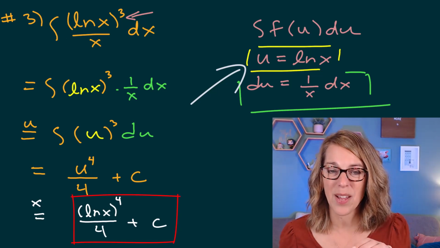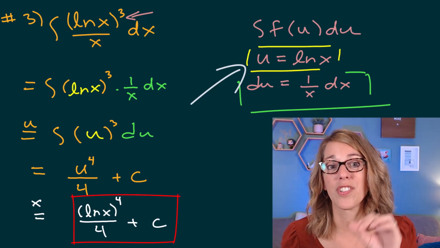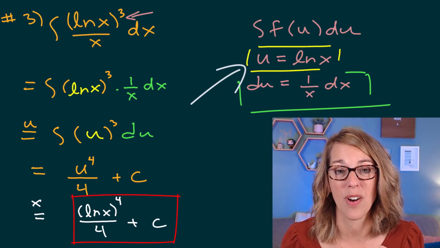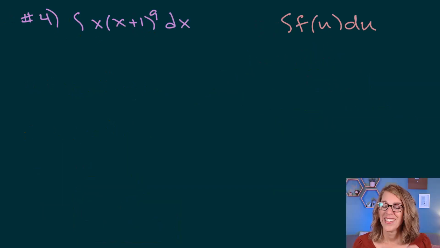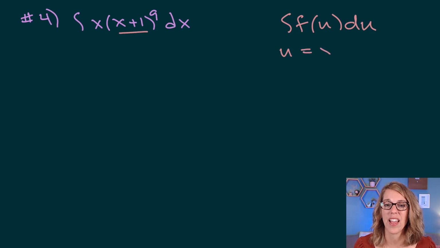In this last example, the u substitution is going to work just a little bit differently for us. I want to make sure I cover all the different types that you might see. So in this last one, I do have that innermost function, a really great place to start with your u substitution. So u is going to equal x plus 1, but I don't have du.